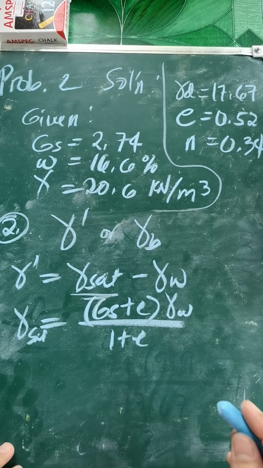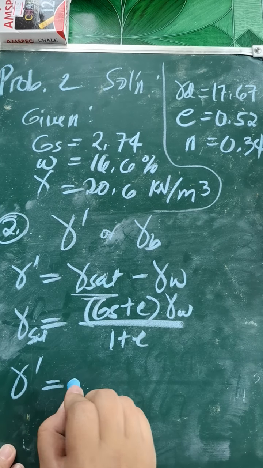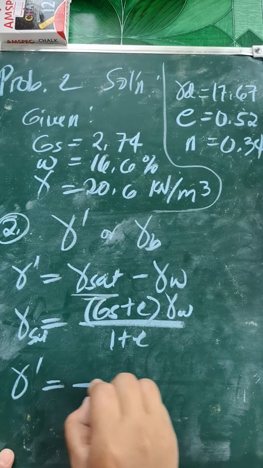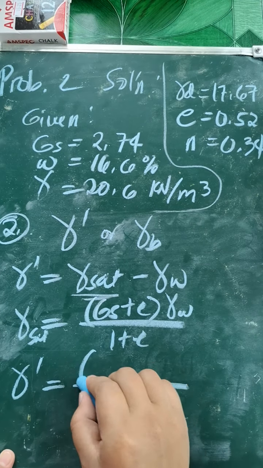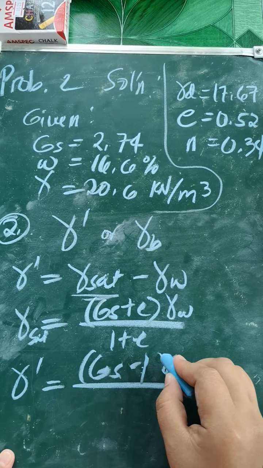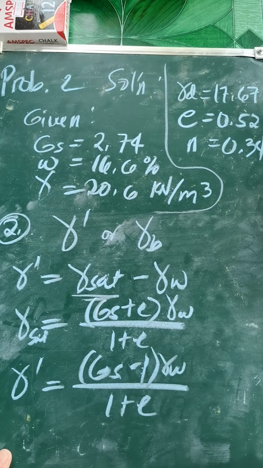And then we can also use the equation. We have gamma prime that is equivalent to GS minus 1 times unit weight of the water over 1 plus E. Okay, so that's the equation. So we can use either.